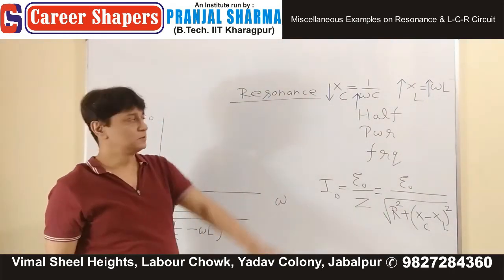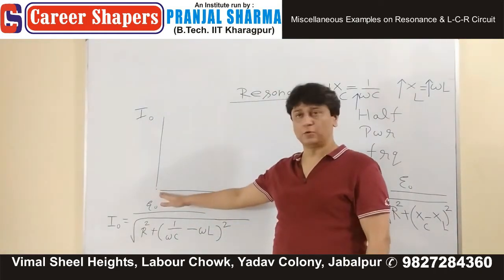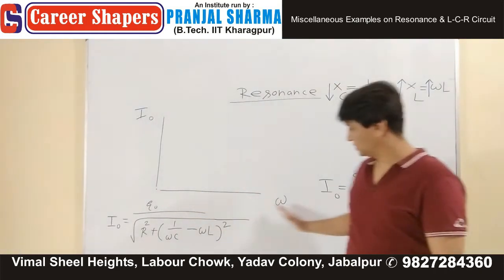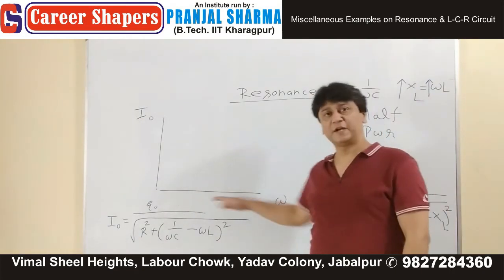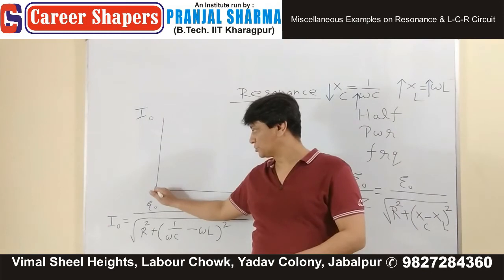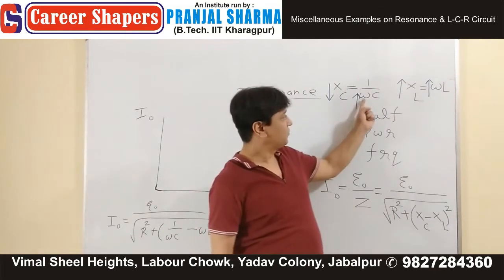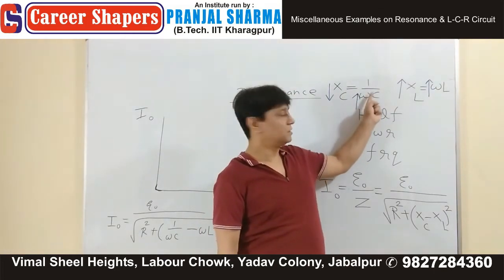Which means when omega is close to 0, this is the axis which is represented by omega. So when you're close to origin, omega is 0. If omega is 0, look at the denominator.